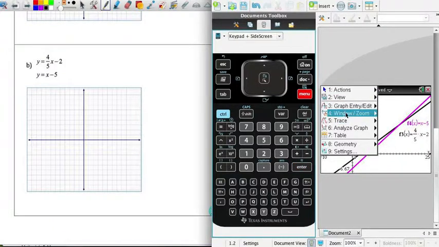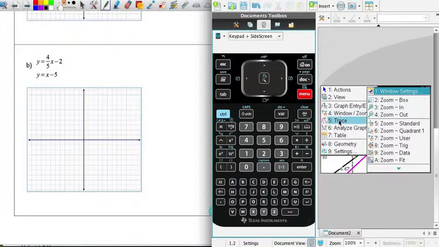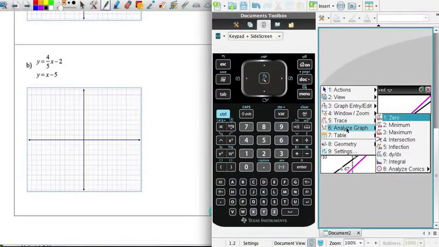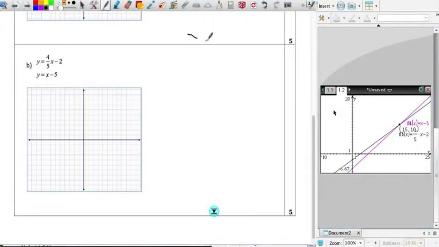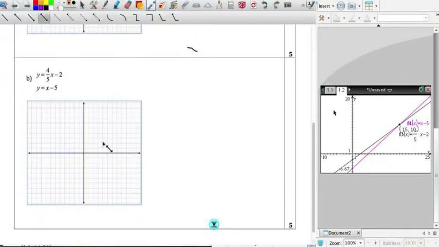Go to the menu, go to the Analyze Graph option and find the intersection. Once again, select a lower bound, a point to the left, a point to the right, and we have our intersection point of 15, 10. And so let's go back and draw a very quick sketch of that.